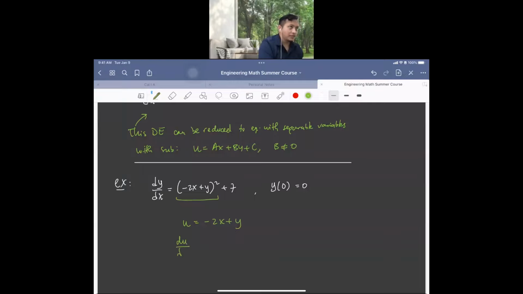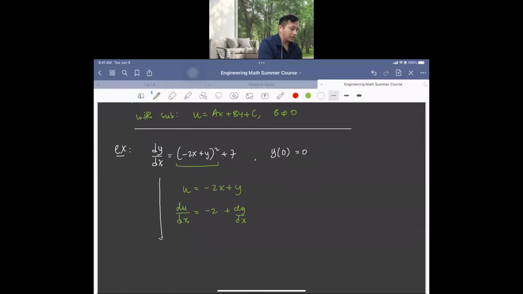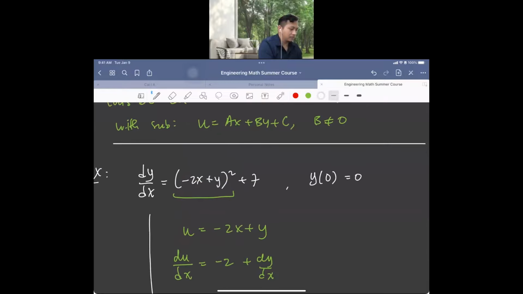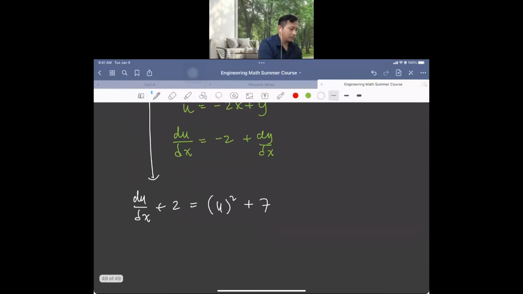When we take du/dx, we have negative 2 plus dy/dx, and we may transform our equation into du/dx plus 2 equals u squared plus 7. I think it's easier to handle, rather than handling this square with the x plus y inside, right? So when you have this u squared plus 7, it's easier to follow.